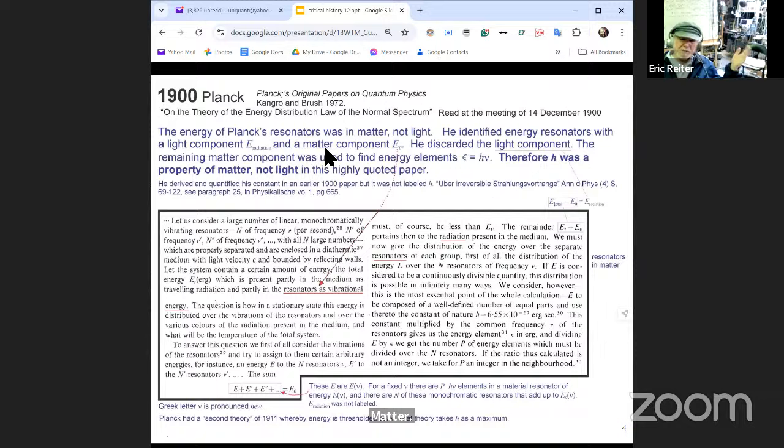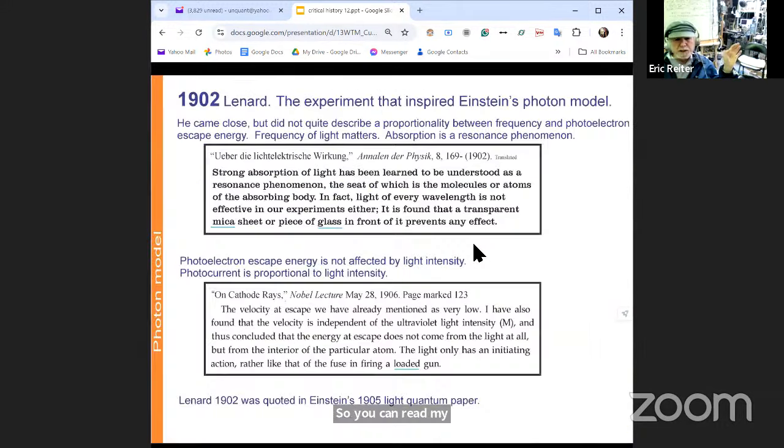Many books and papers say that Planck quantized light. Well, it's possible to do that derivation both ways, to see it as a property of matter or light at this stage compared to the black body data. But Planck did it most importantly as a property of matter. So you can read my markup to convince yourself.